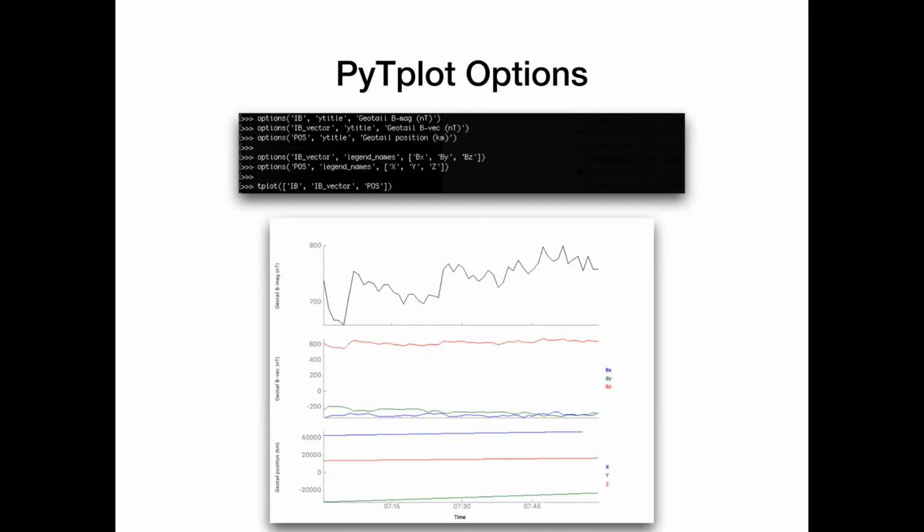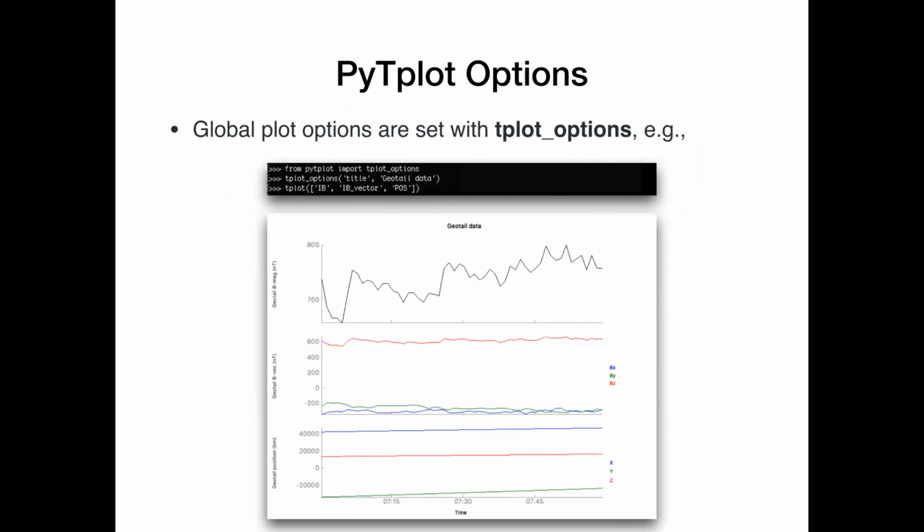And we also set the legend names, which are the labels on the right hand side of the figure. So we update the labels to bx, by, and bz for the B field, and position x, y, and z for the position. And then we just call tplot on those variables again. And now we've updated the plot with that metadata.